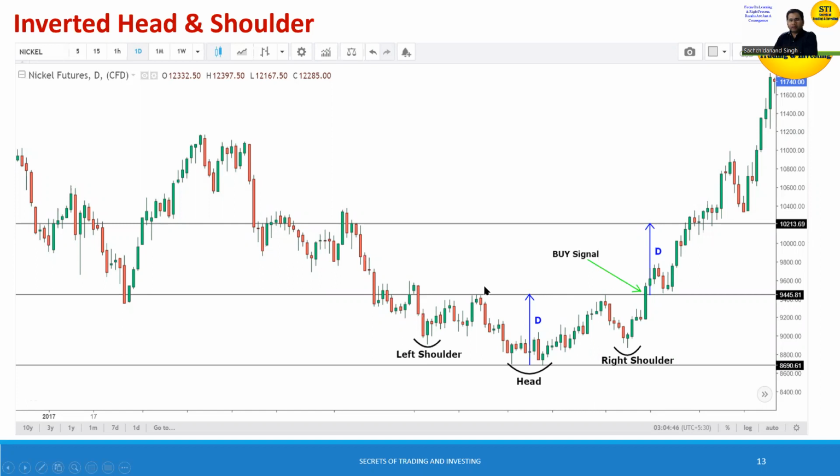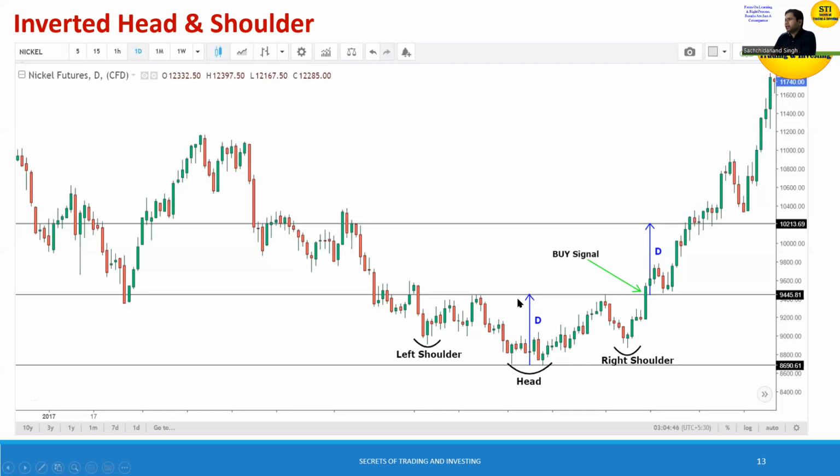If you look at this one, the middle portion is the head, the bottommost point, and there are two higher lows, left and right, that we have marked as the left and right shoulder. To identify the neckline, we need to identify a point which is upper to the left shoulder, and similarly to the right shoulder.